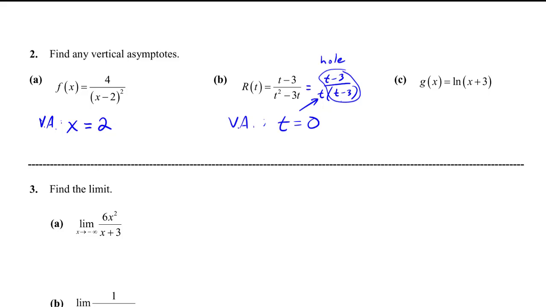All right, ln of x plus 3. Well, we know that ln has a vertical asymptote at x equals 0.